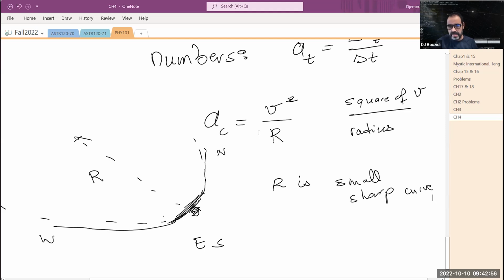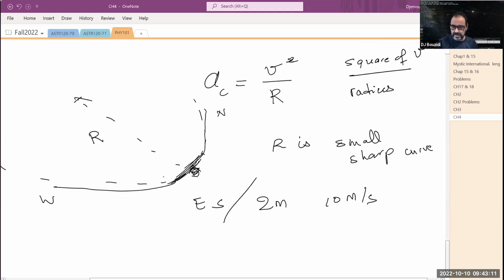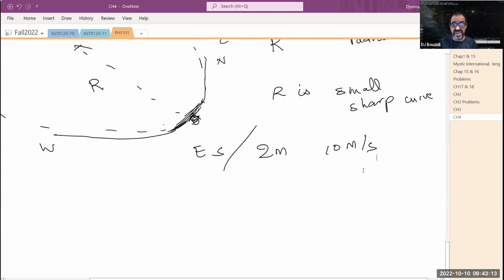Or a better example: let's say the radius is 2 meters, and the velocity, for practical purposes, is 10 meters per second. I take 10 times 10, that's 100, because I need to square this number.